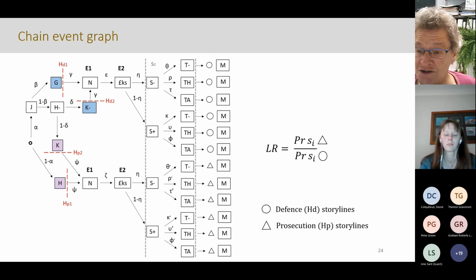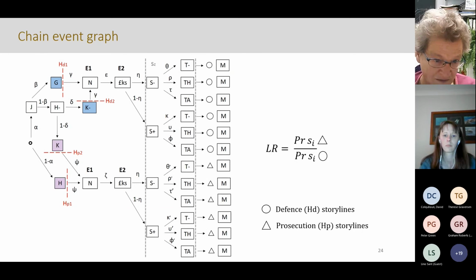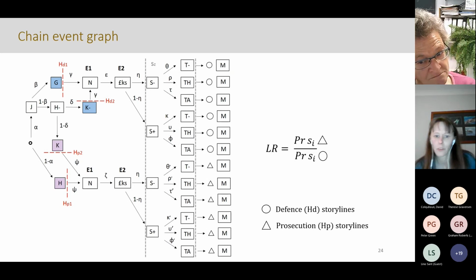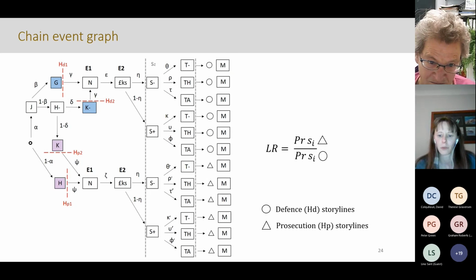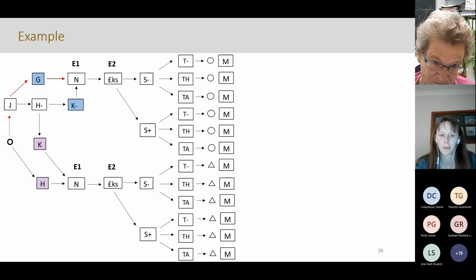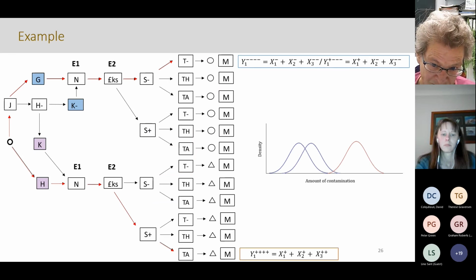Yes, looking at the same chart, what does it mean if the probability of the defense storyline and the probability of the prosecution storyline add up to considerably less than 1? Sorry, for this chain, for the event transition probabilities, you mean? No, at the end. The ratio based upon the ratio of the two probabilities.